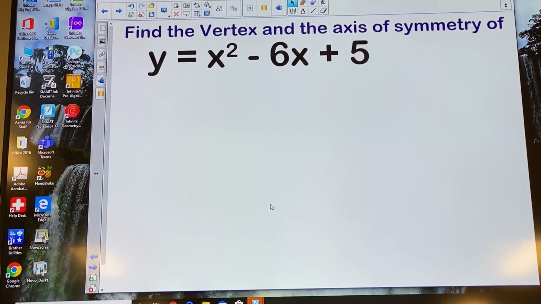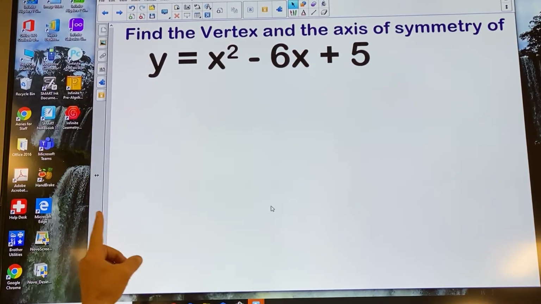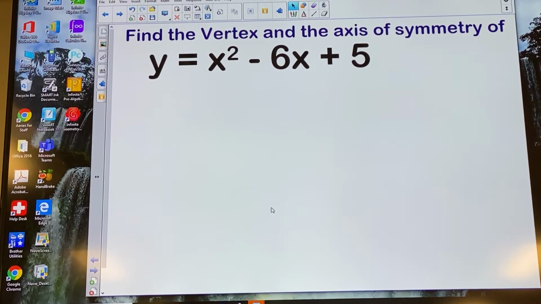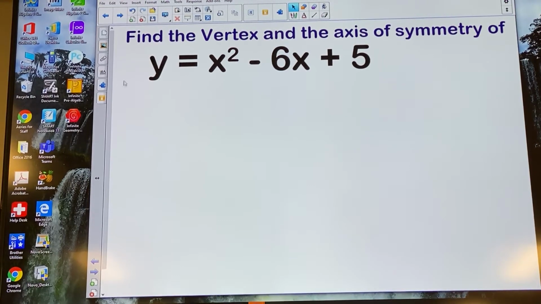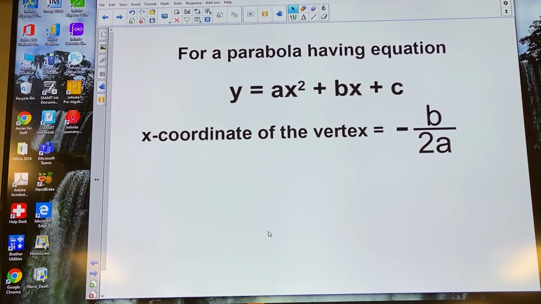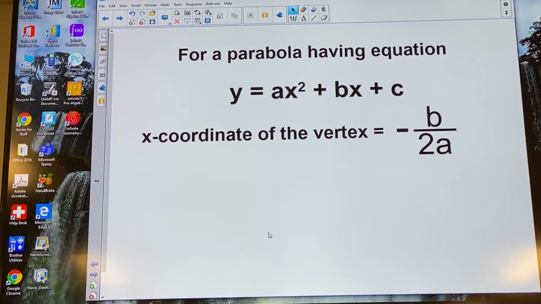So if you've got an equation in this form, y equals ax squared plus bx plus c, like this one is, here is what you want to do. First of all, I'm going to show you a magic formula right now. This is very important. I want you to absorb this and understand what this is saying, okay?